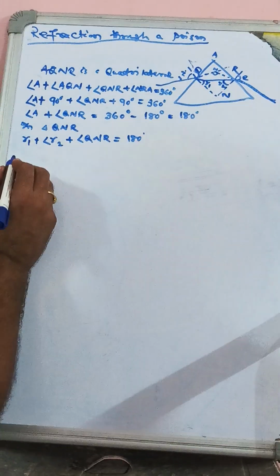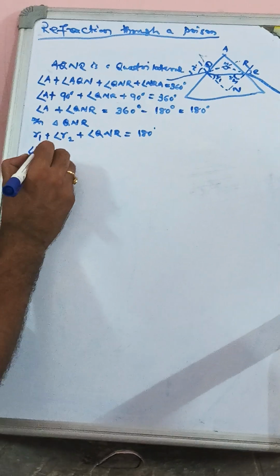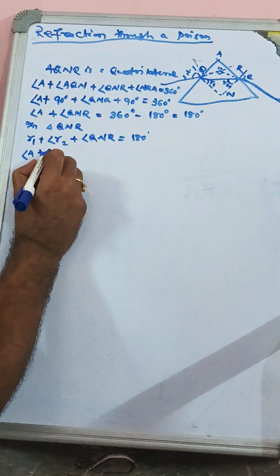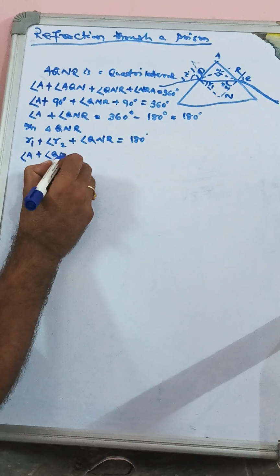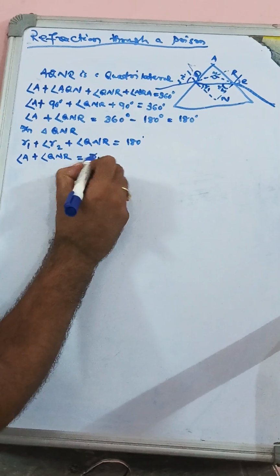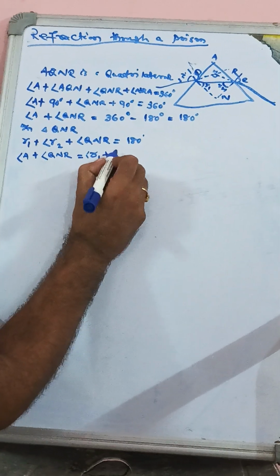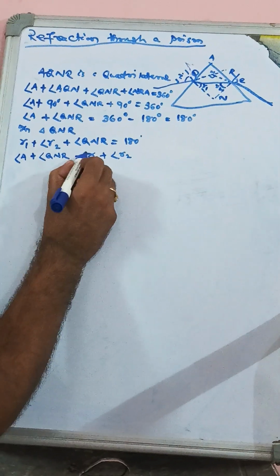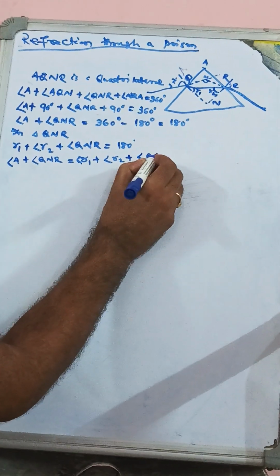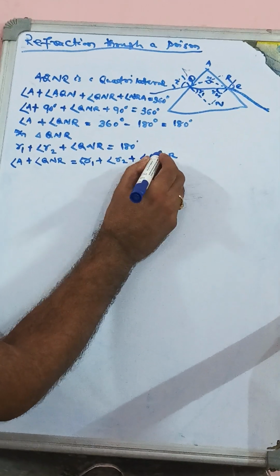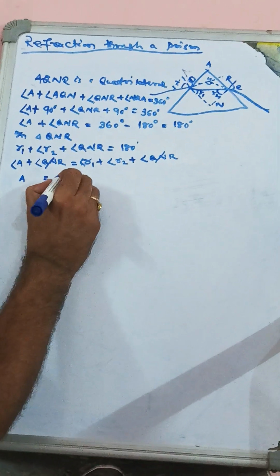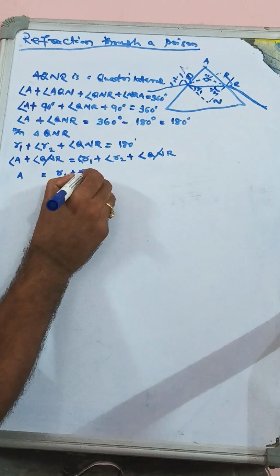Then angle A plus QNR is equal to R1 plus R2 plus QNR. This angle will cancel. A is equal to R1 plus R2.